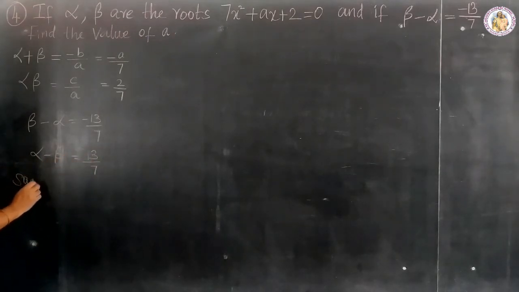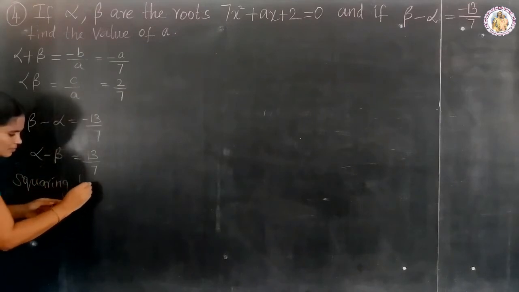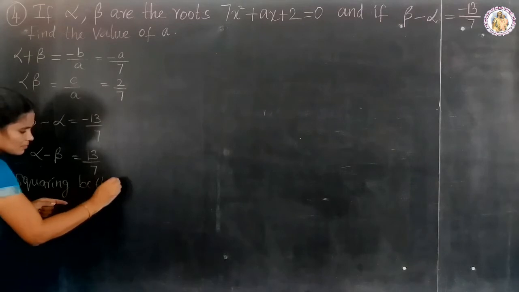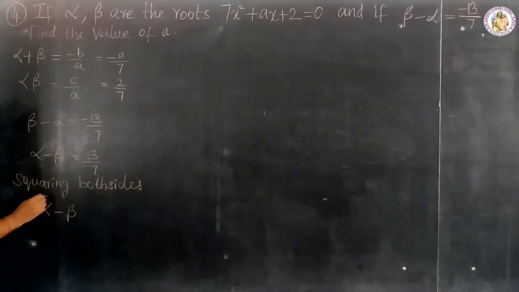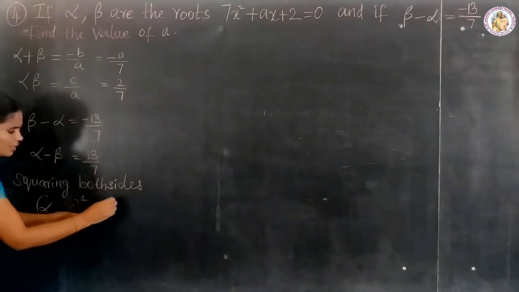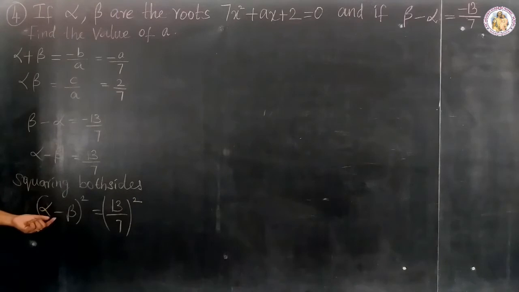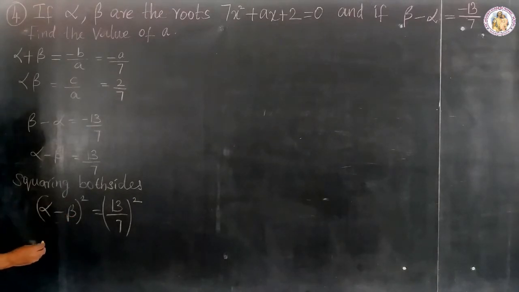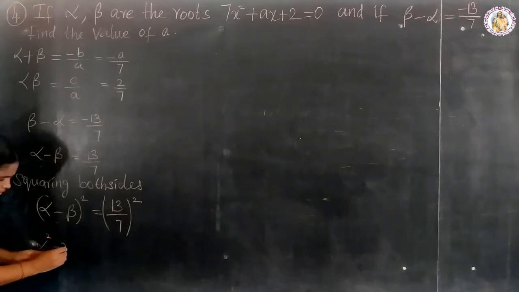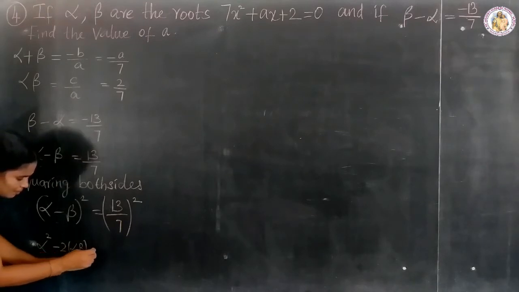So squaring both sides, alpha minus beta whole square is equal to 13/7 whole square. So alpha minus beta whole square is nothing but (a minus b) whole square, a square minus 2ab, that is alpha beta, plus b square.